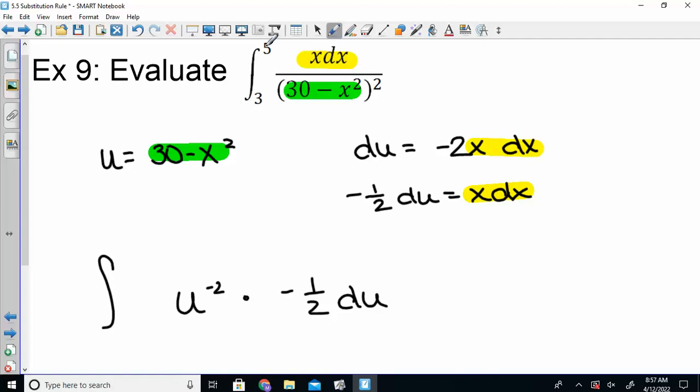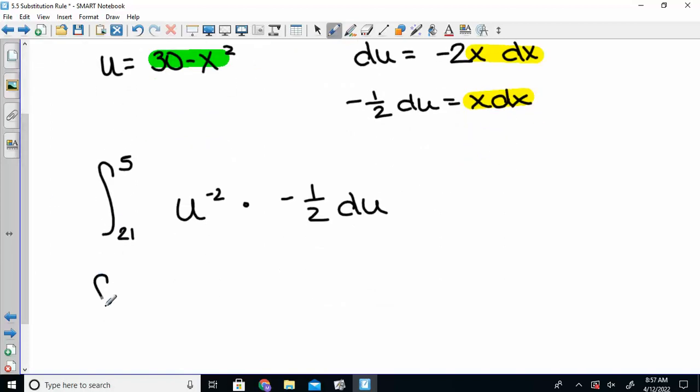We can change these limits right now if we want. By changing them, I mean this is my x value. So if x is 3, what would u be? If I plug 3 in here, 30 minus 3 squared is 21. If I change my 5, 30 minus 5 squared is 5.